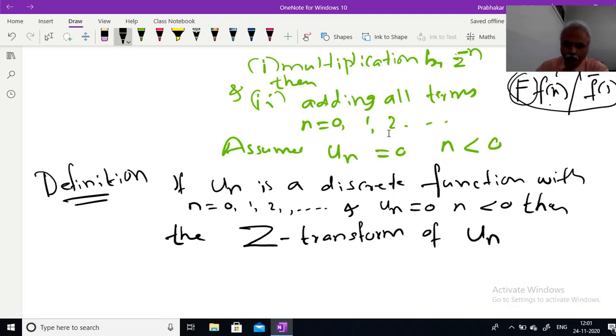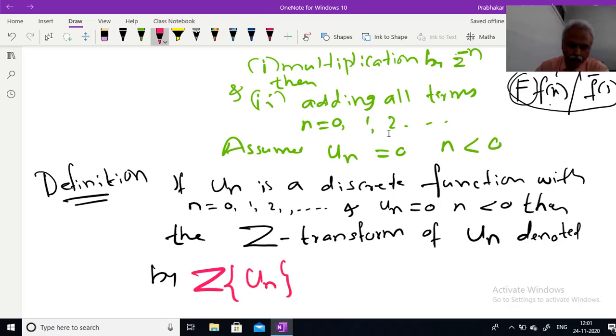Z transform of un denoted by u of z, or I can write this uz afterwards, denoted by z transform of this n function should end in some z function.